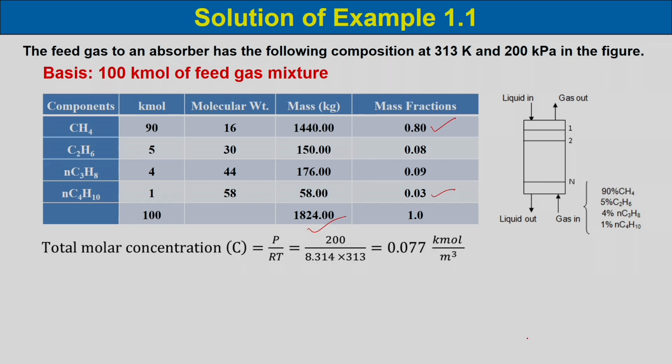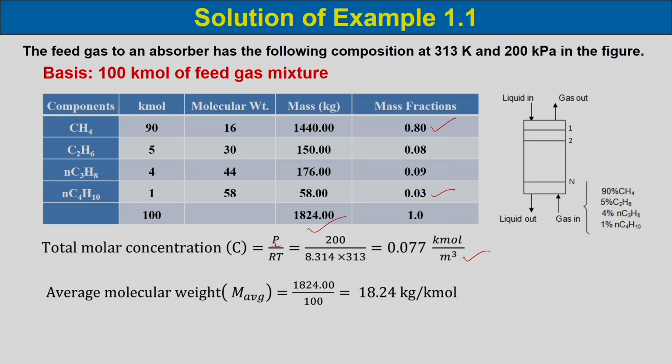Total molar concentration we can calculate as P T by R T. P T over here is 200 kilopascal as given in the problem, divided by R T. So, it is equal to 200 divided by 8.314 into 313 Kelvin. So, it will give around 0.077 kilomole per meter cube.